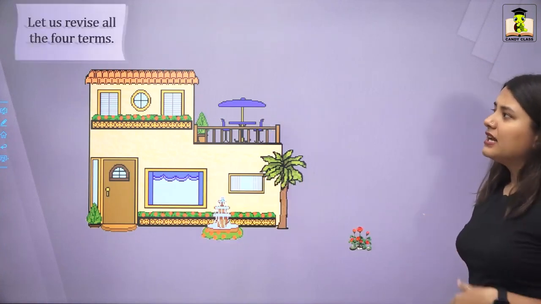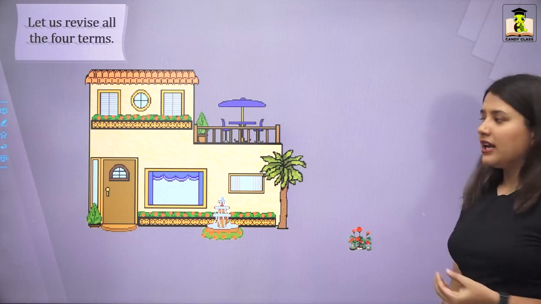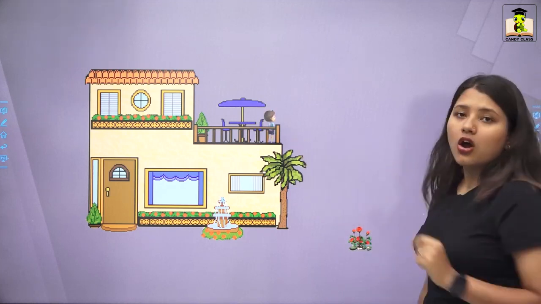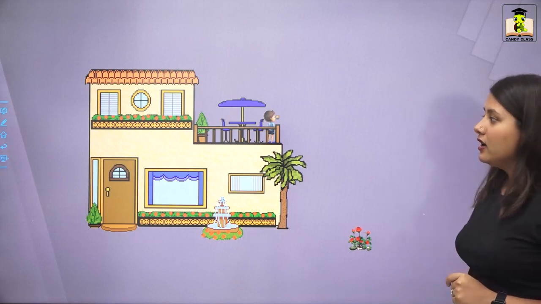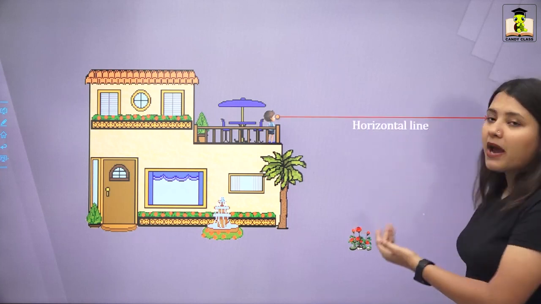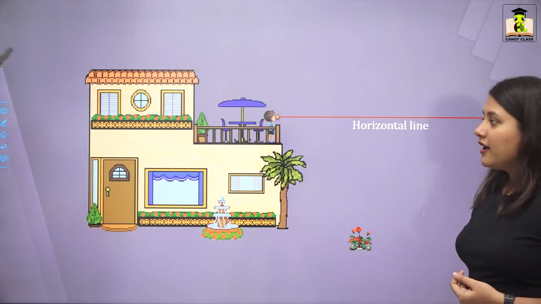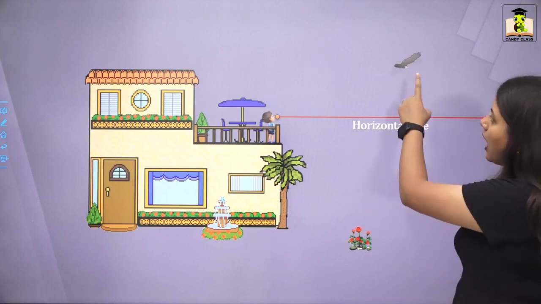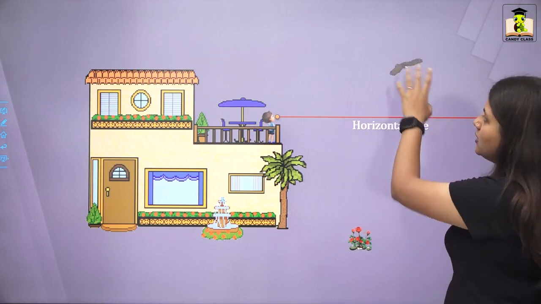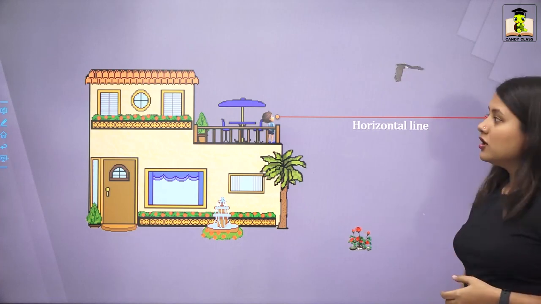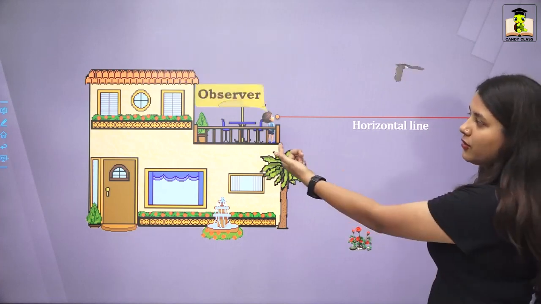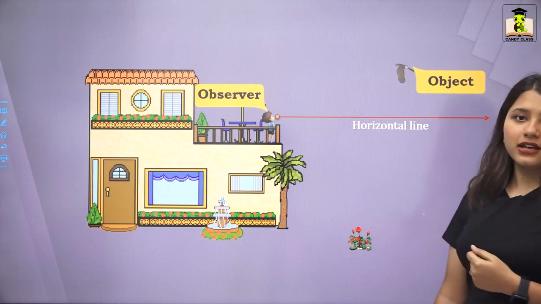Now, let's revise all the four terms in one case. In this case, Rohan is standing on the terrace and here is a horizontal line which is parallel to the ground. Now, he is looking upward. He is looking at the eagle, that bird. So, the observer is Rohan and the object is the eagle.